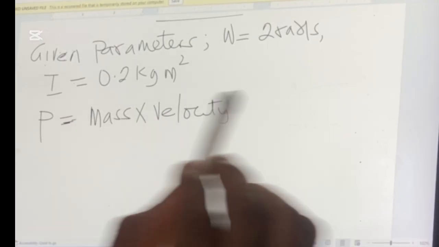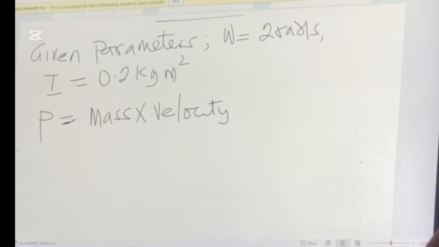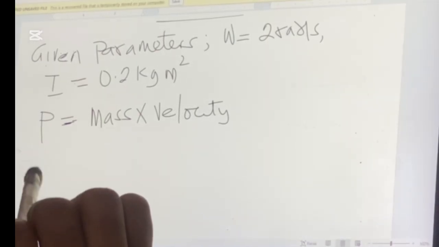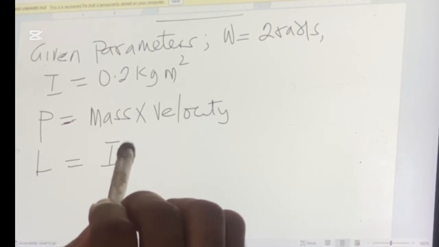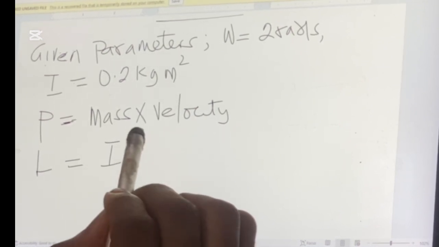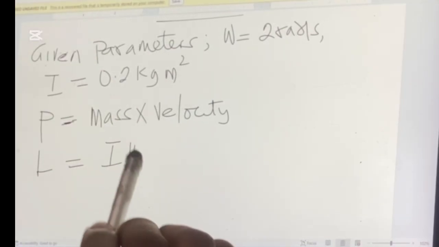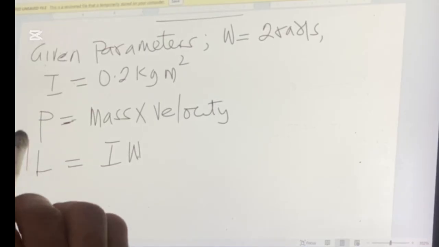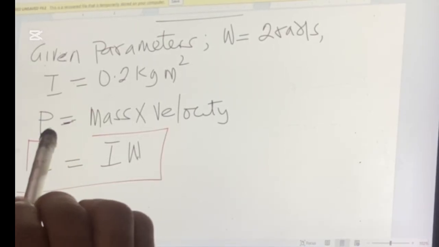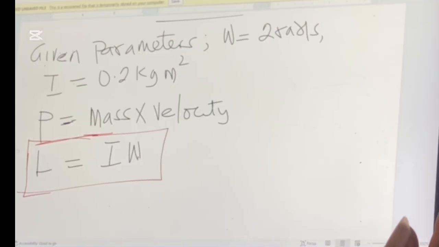So relating this to circular, angular momentum is equal to I omega. We are asked to find angular momentum, not linear momentum.